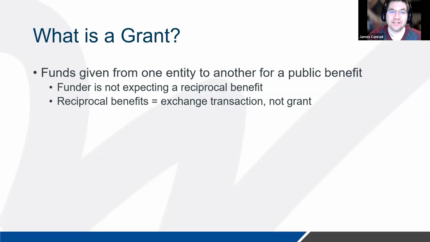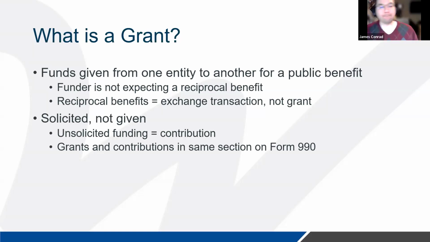You are meant to be giving to the organization and not receive something in return other than a good feeling that you're helping out. Now, if there are reciprocal benefits, that is an exchange transaction. Exchange transactions would be as if you're going to the store and purchasing something. That's not a grant, and those are governed by different rules, and we'll dive into that a little bit more coming up.